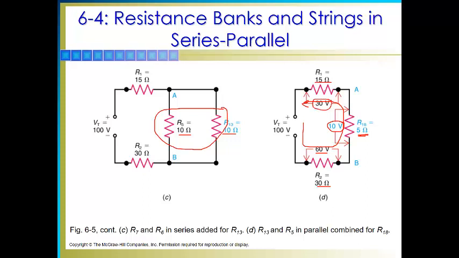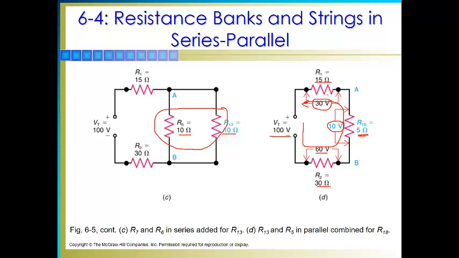Notice that these series components each have a voltage drop of 30, 10, and 60 respectively. The sum of all the voltages must equal the total voltage. Because they're in series, we need to add the voltages. So 30 plus 10 equals 40, plus 60 equals 100.